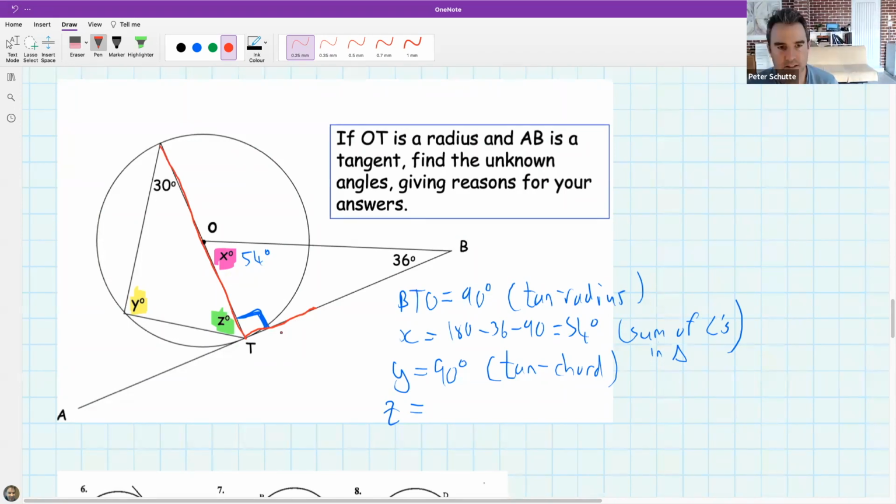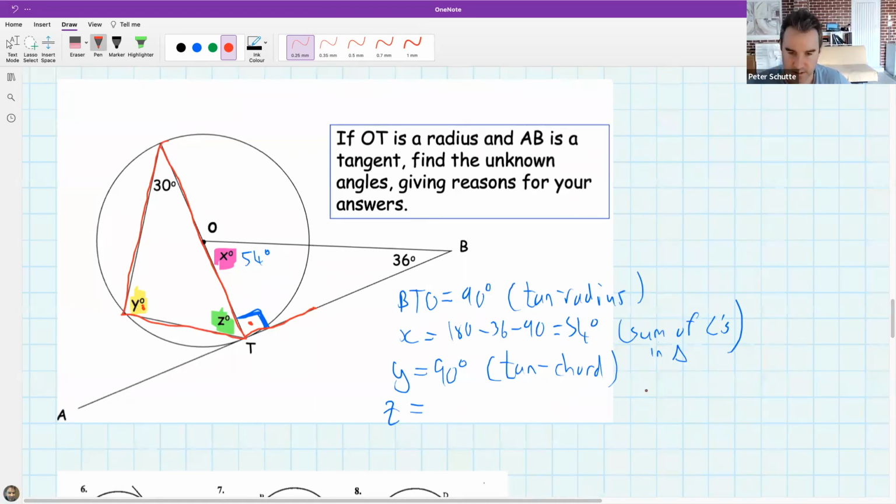But the tan chord theorem says that this angle has a partner, and this partner is found by taking the chord and making an angle at the circumference on the other side. And so this one over here is the same as this one over here. And so that's why Y must be 90.